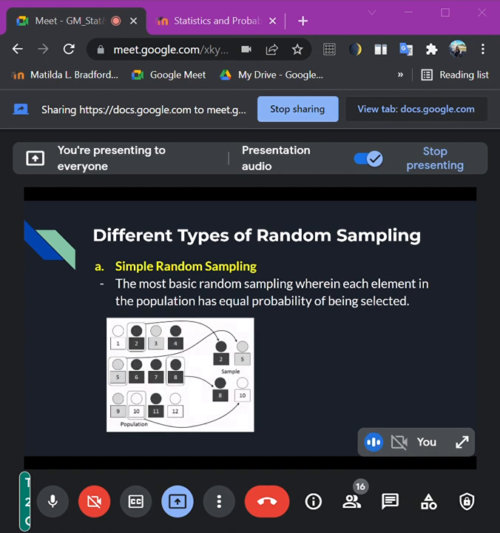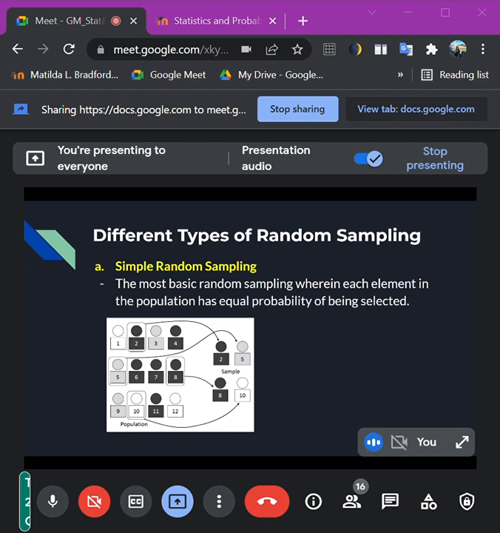So we have here, class, an example. The pieces of paper correspond to each student as an element of the population. So all of them have an equal chance of being selected as a sample by randomly picking pieces of paper in the bowl.